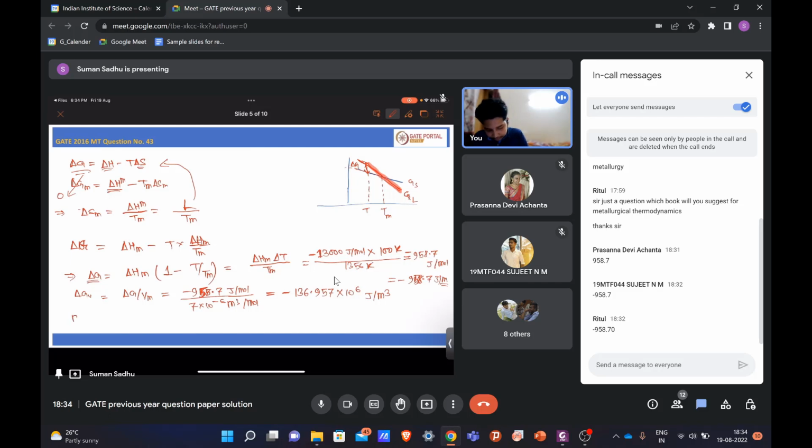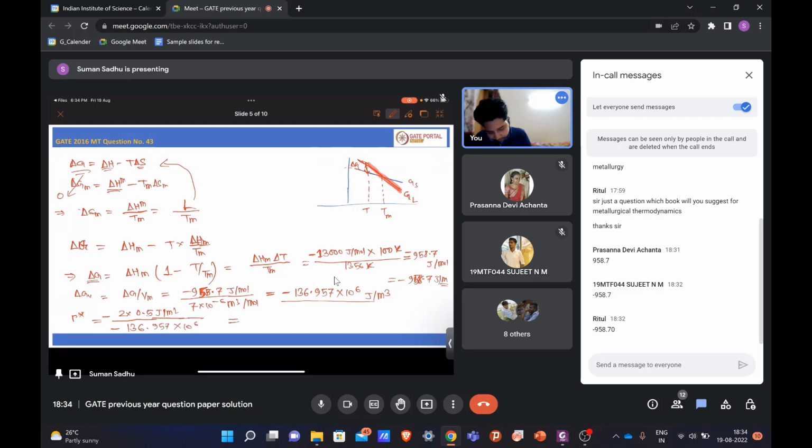So now we can calculate the critical radius. What is the critical radius? It is minus 2 into gamma S, where gamma S means 0.5 joule per meter square, and delta GV is minus 136.957 into 10 to the power 6.